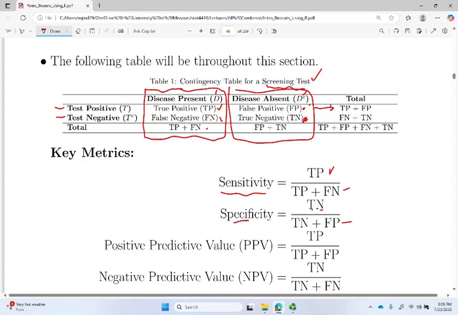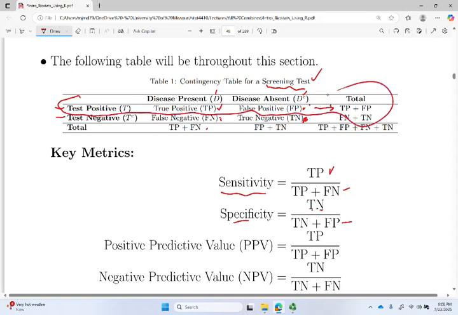Okay, and now the positive predictive value is where you condition this way. Among the people that tested positive with the test, how many were true positives? How many did we get correct? That's the positive predictive value.